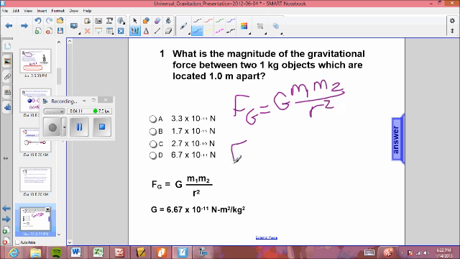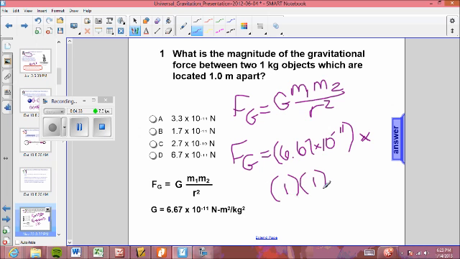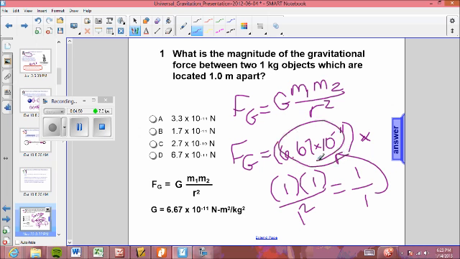So then the force equals, and you would plug in 6.67 times 10 to the negative 11, times 1 times 1, because both of them are 1 kilogram, divided by 1 squared. So 1 times 1 is going to equal 1, and 1 squared is going to equal 1. So when you multiply it times this, you're going to get this as your answer.